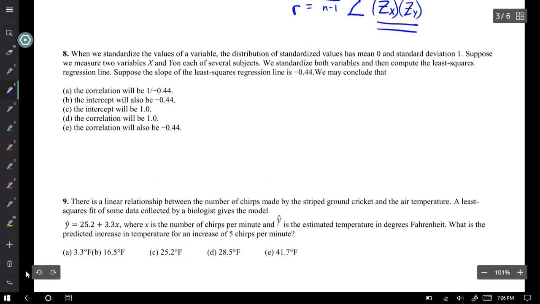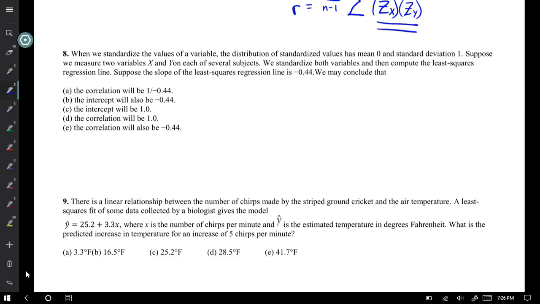Now, number 8. When we standardize the values of a variable, the distribution of standardized values has a mean of 0 and a standard deviation of 1. Suppose we measure two variables, x and y, on each of several subjects. We standardize both variables and then compute the least squares regression line.